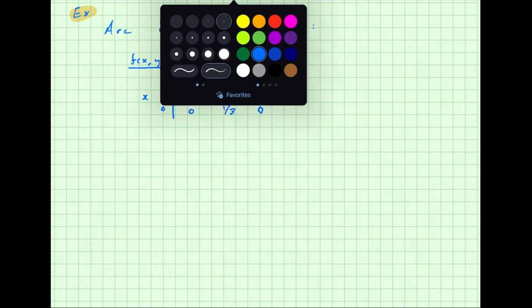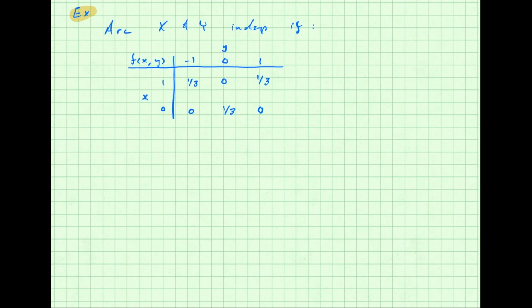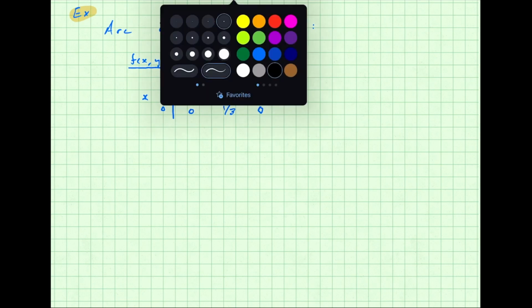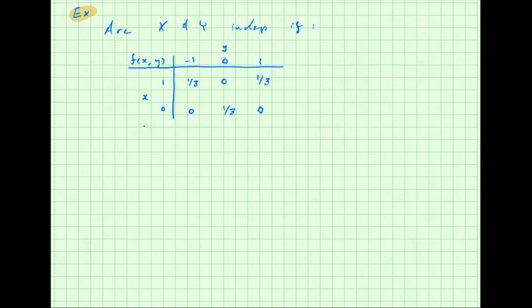We're going to make use of the marginal distributions, so let's write those in. I'm going to make a little dotted line here. I like putting the marginal distributions on the edges, to remind you why they're called marginal.